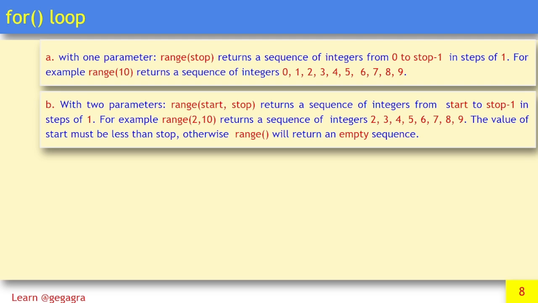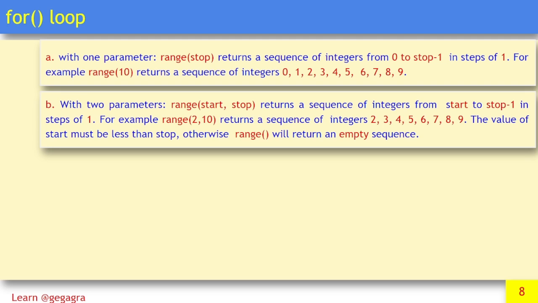The second form is with two parameters. Range with start and stop returns a sequence of integers from the start value to stop minus 1. If I enter range 2 comma 10, it will start from 2 and go up to 10 minus 1, that is 9.